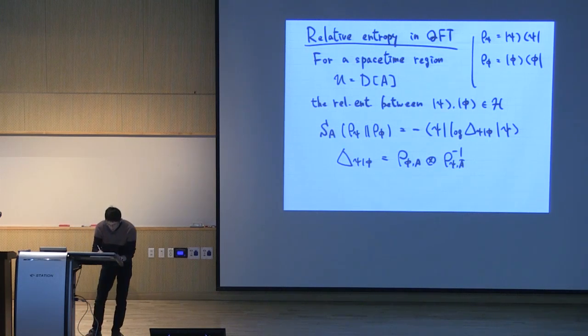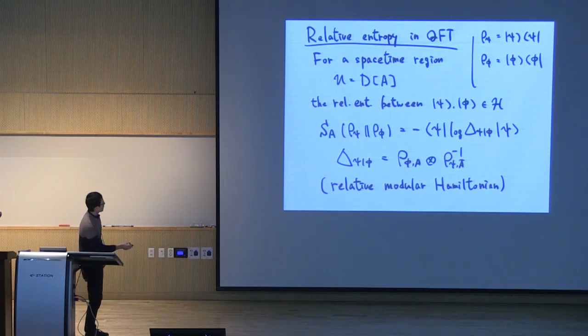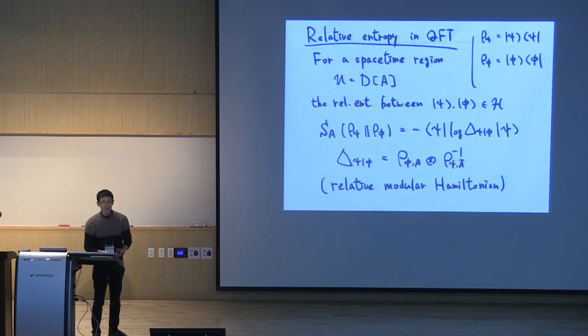This is called the relative modular Hamiltonian. If you substitute this expression into the definition, you can show that it reduces to the previous one. Let me show you how it works.